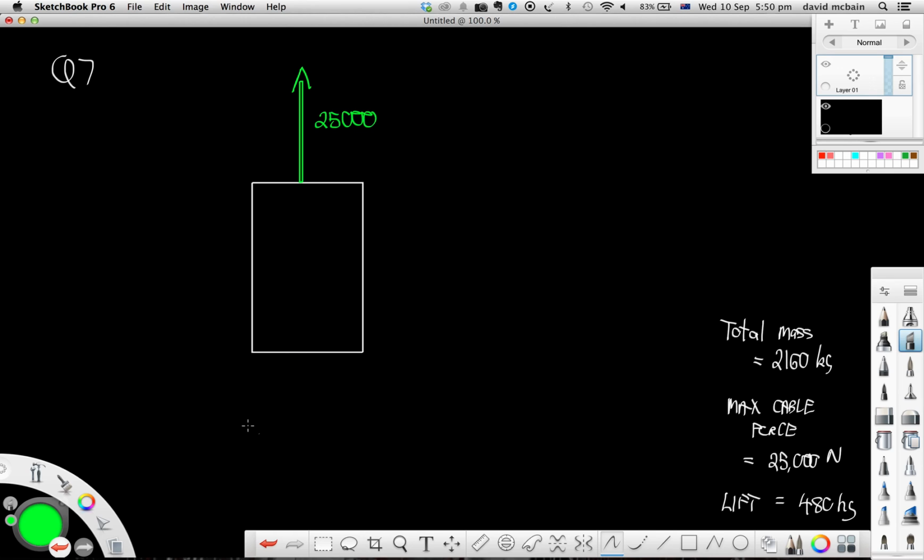But we also know there's a weight force acting here. Now the weight force is going to be the weight of the payload and the weight caused by the lift itself. So it's going to be pretty large weight force, and let's draw that in. I'll go with blue, I think. So there's another force acting down, which is the total weight force, which is going to equal mg.